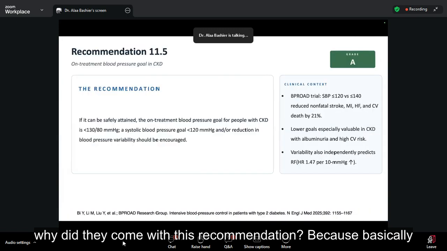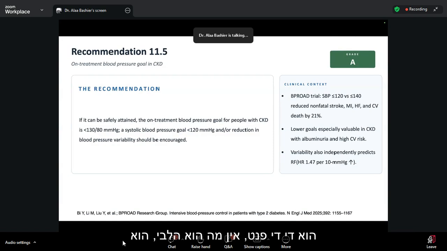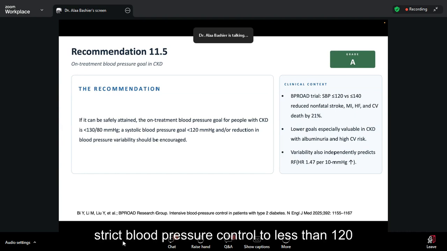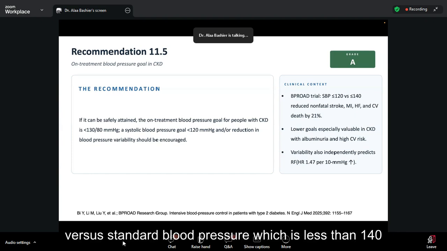Because basically they depend on what's called the blood pressure ROAD trial. The blood pressure ROAD trial looked at two different groups of patients, and this trial was actually published in 2025, where they compared strict blood pressure control to less than 120 versus standard blood pressure, which is less than 140.